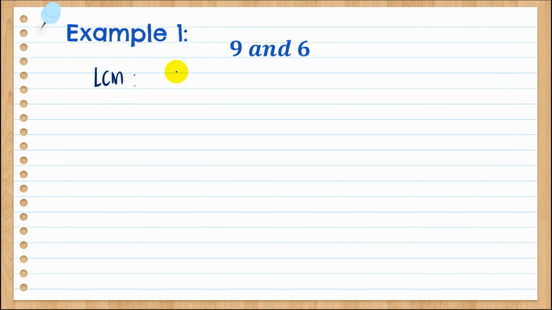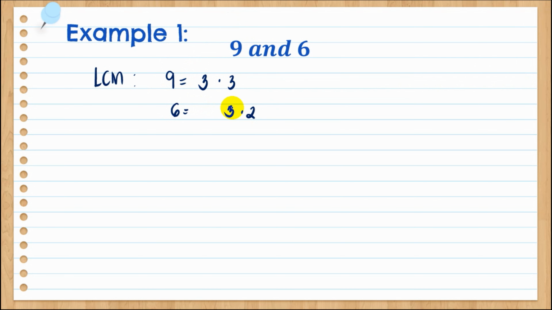So, we can do that factor tree, or you can just list down the prime factors of the numbers involved. So, we have 9 and 6. So, ano nga ba yung prime factors ni 9? We have 3 and 3. And then for 6, we have 3 and 2.